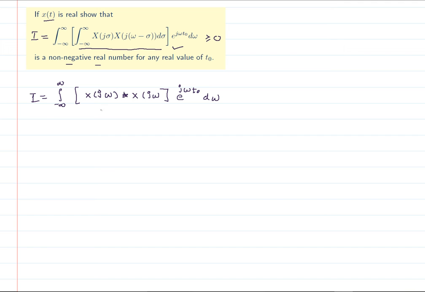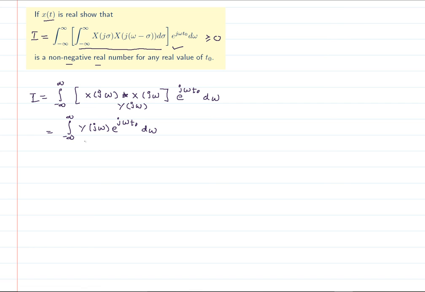Let's assume that the term inside the square bracket is Y of j omega, and hence our I would be equal to the integral from minus infinity to infinity of Y of j omega e power j omega t naught d omega.